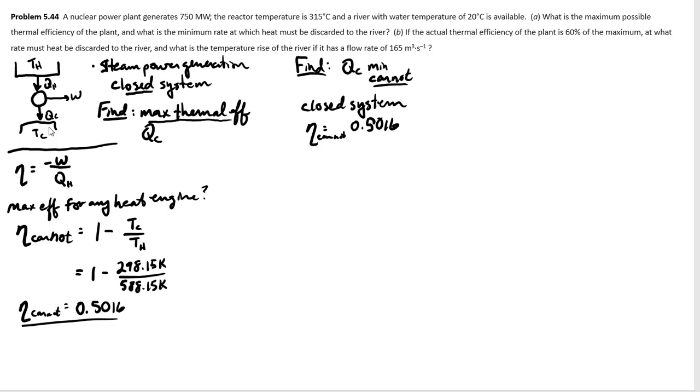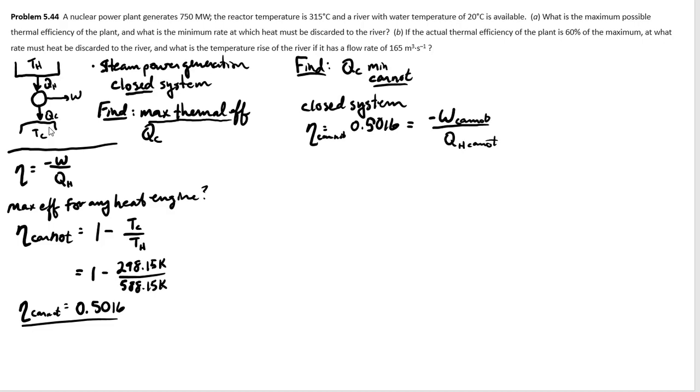0.5016. All right. The efficiency is also equal to, we can write this for a Carnot engine, minus the work for a Carnot engine divided by QH for a Carnot engine. All right.